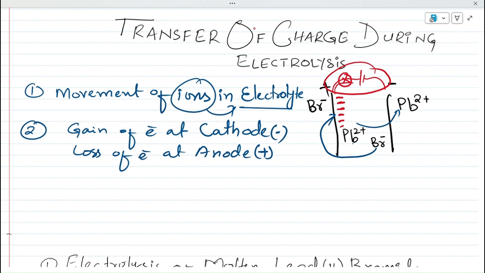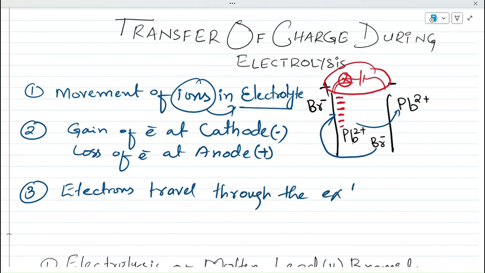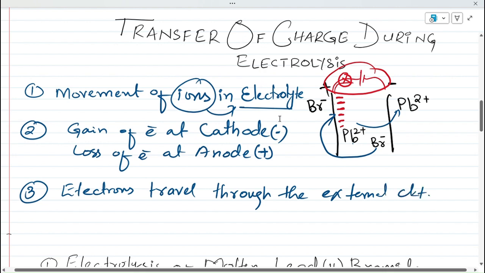Electrons will travel from the electrodes towards the external circuit. The ions won't travel over there. So this is the third point of the movement of charges: electrons travel through the external circuit.